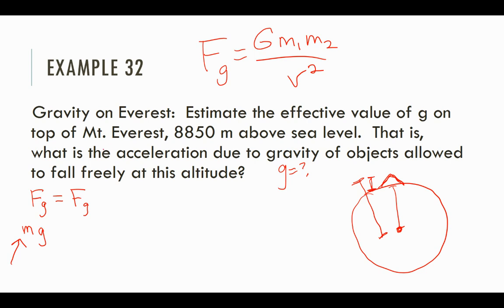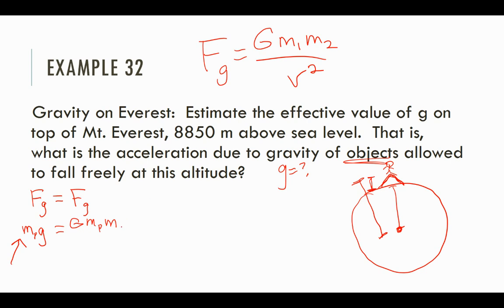Well, in this particular problem, we have gravity on an object. We have some object up here, a person, whatever, a ball, doesn't matter what the object is. So I'm going to call it a person just for the sake of it. So we have the mass of the person times the acceleration due to gravity is equal to what we just learned as the force due to gravity equation. So big G times the mass of the person times the mass of, and what's our other object here?